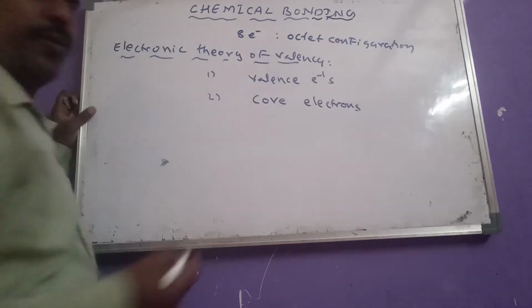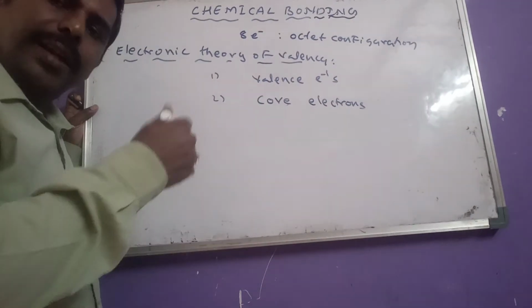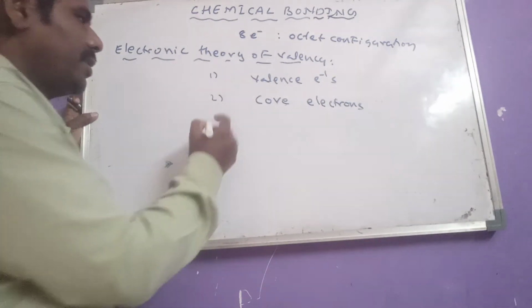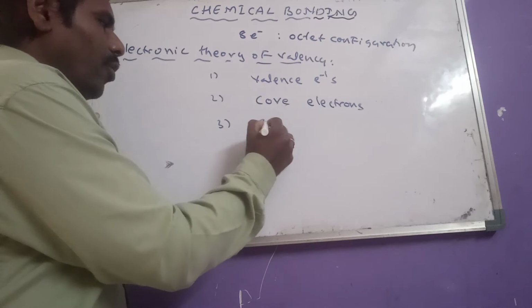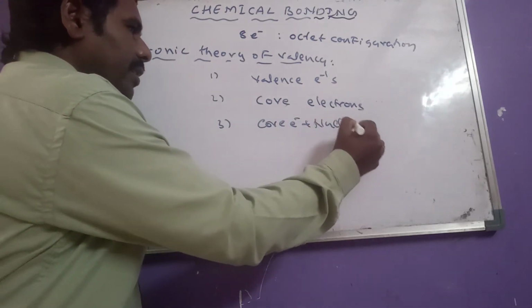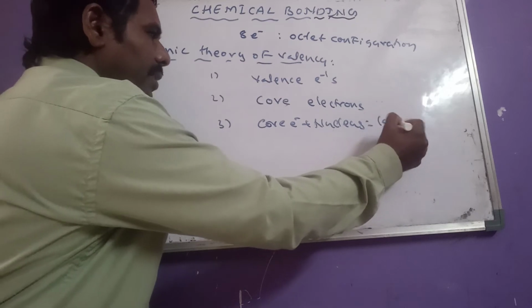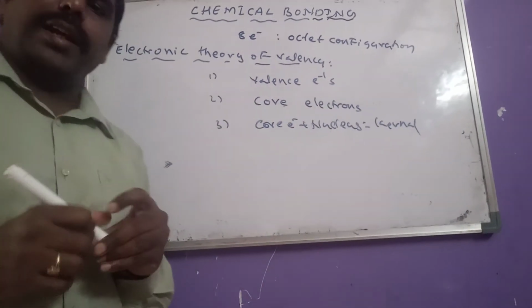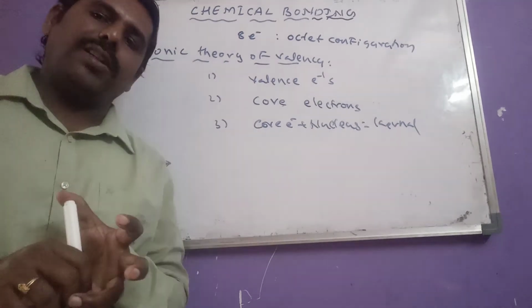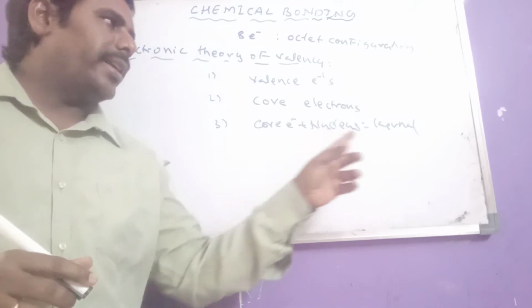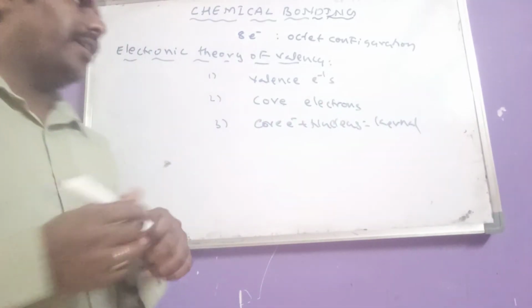So except for valence electrons, the remaining inner orbit electrons are called core electrons. Now core electrons plus nucleus, combined, are called the kernel. Except for the valence electrons, the remaining part of the atom including the nucleus is known as the kernel.